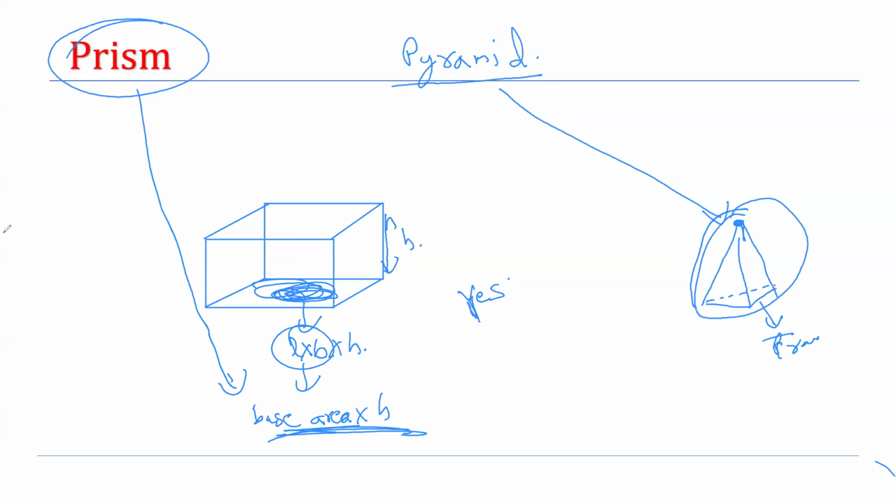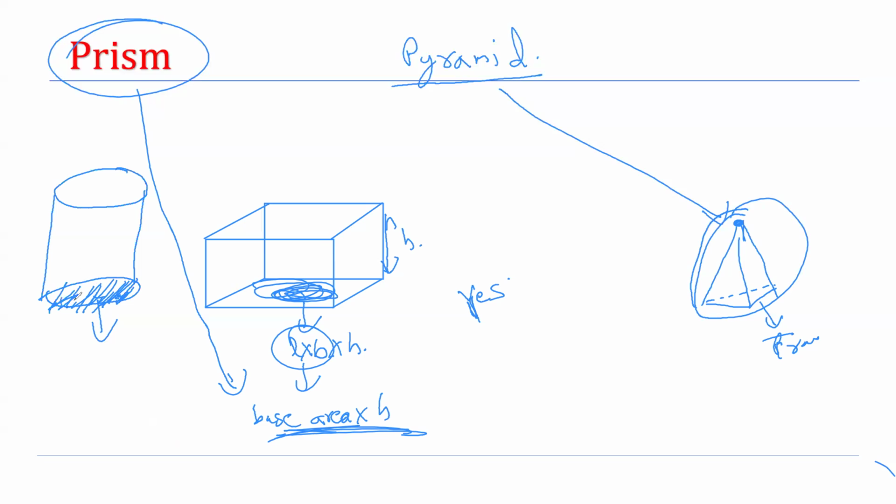Now tell me, what is a cylinder? Can we take a cylinder as a prism or pyramid? Prism, sir. Prism, right? Now tell me, circular prism. What will be the volume of the circular prism? The volume of cylinder is pi r square h, sir.